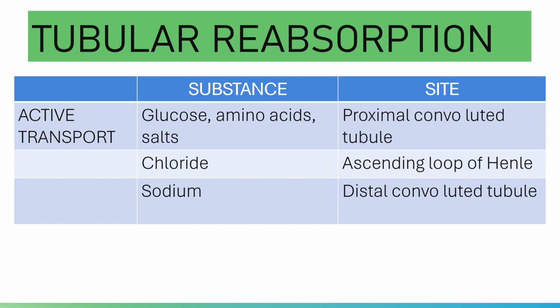Here are the substances that are actively transported in the proximal convoluted tubule: sodium, bicarbonate, glucose, amino acids, proteins, phosphate, sulfate, magnesium, calcium, and uric acid.